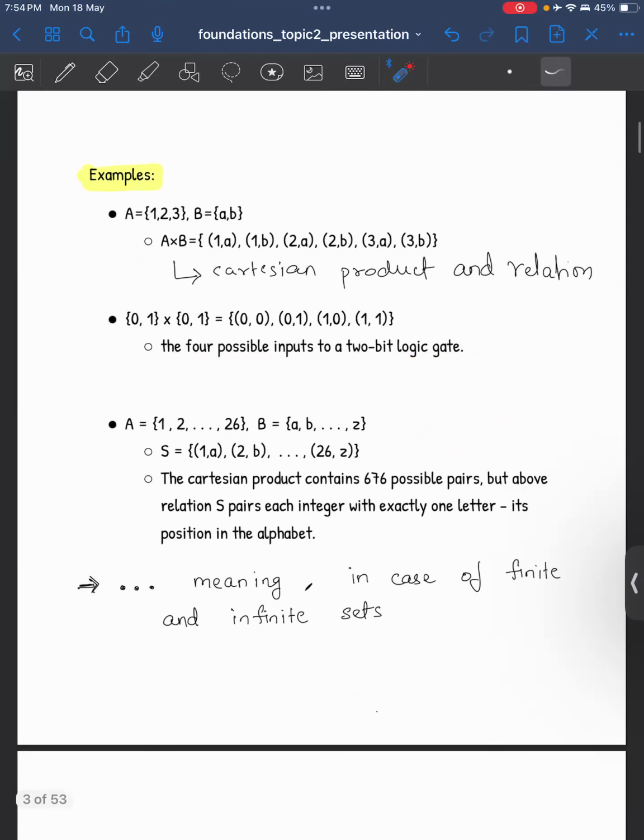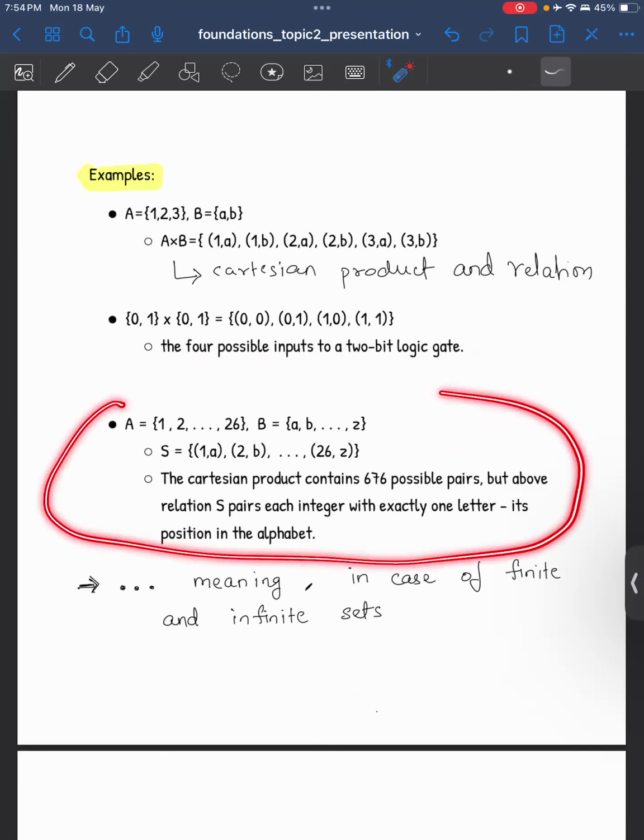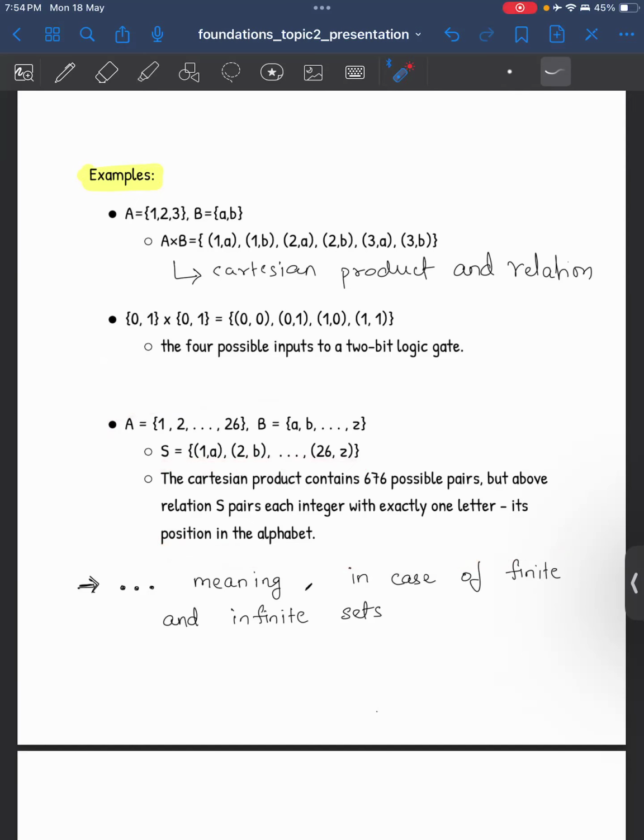Similarly, we have an example of a relation here that is not a Cartesian product, but purely a relation.